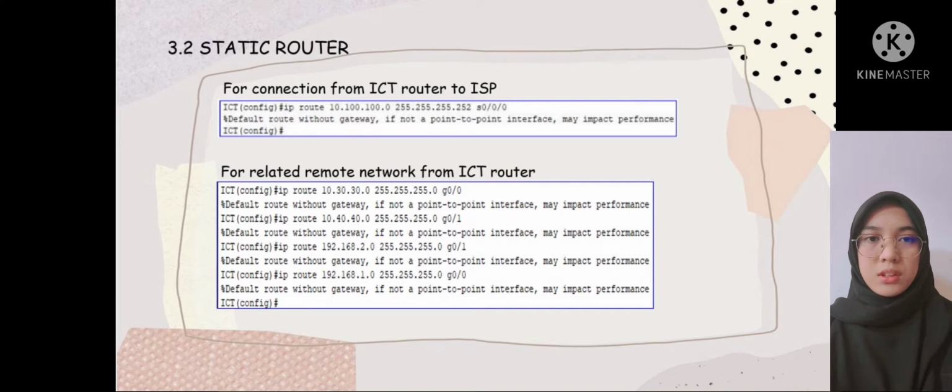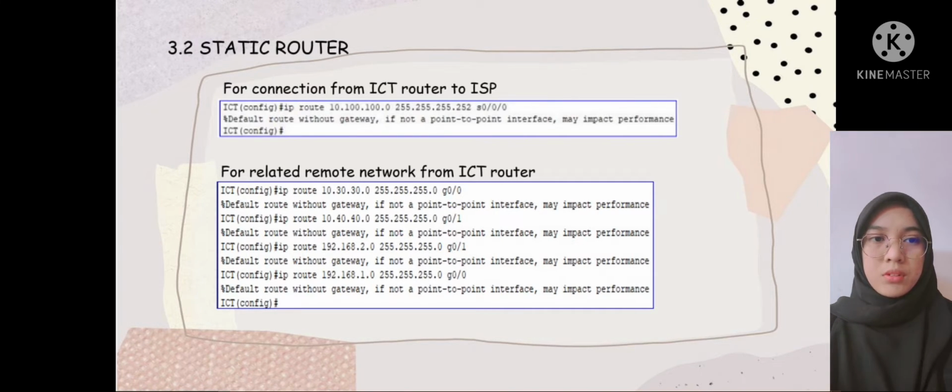3.2 Static route. For the connection from the ICT router to the ISP, we are going to configure ip route 10.100.100.0 255.255.255.252 S0/0/1.